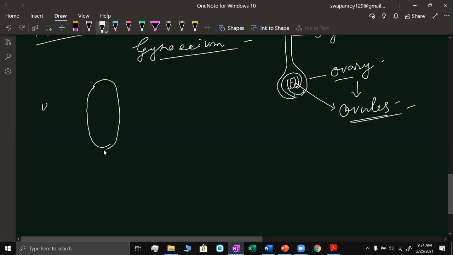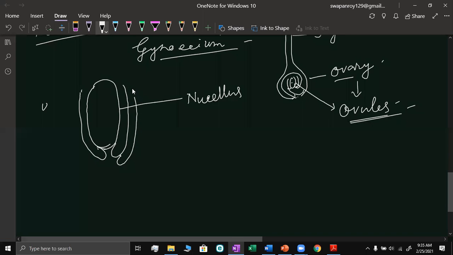There is a main body called the nucellus. This nucellus is covered from all sides by covering layers, one or two layers, and these covering layers are the integument.